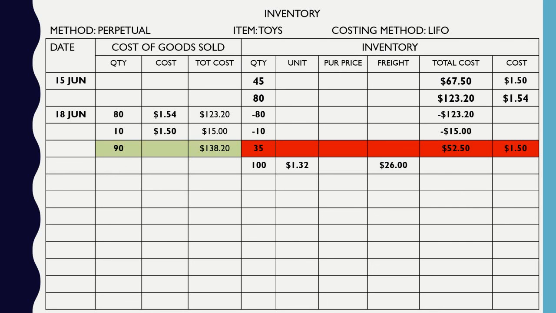Okay, so in this case, 100 times $1.32 gives you 132, plus our 26 is now going to give us 158. And that's going to give me $1.58. So as we notice, our toys are getting a little more expensive as we go along.